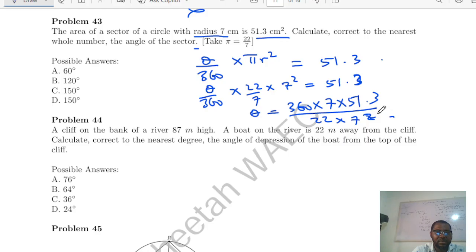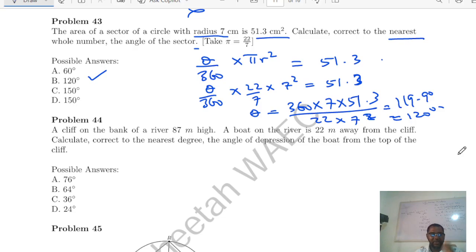Okay, I made a mistake here. I'm getting 119.9 degrees. Since it's to the nearest whole number, it means 120 degrees. So the answer is B.